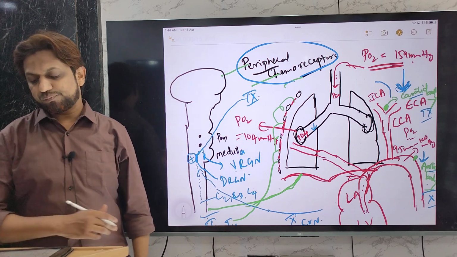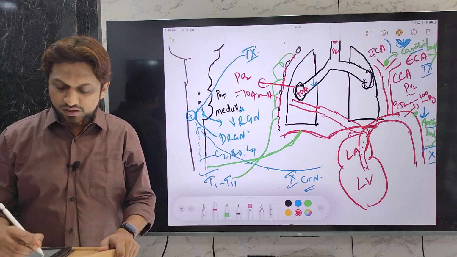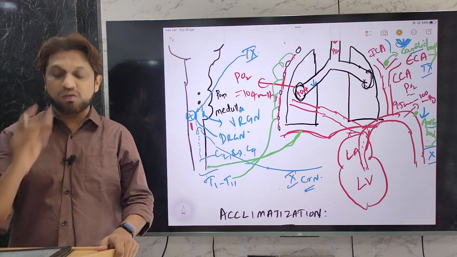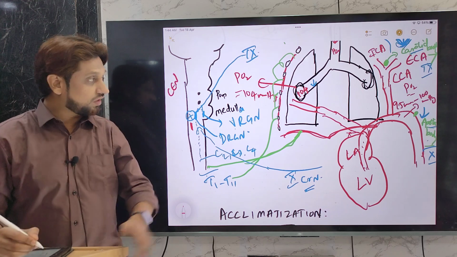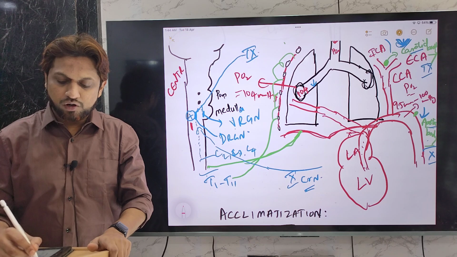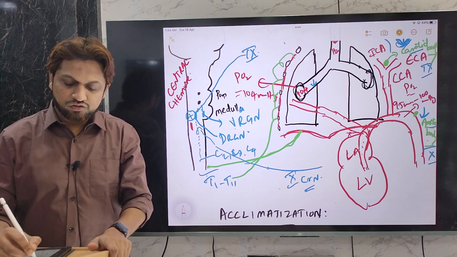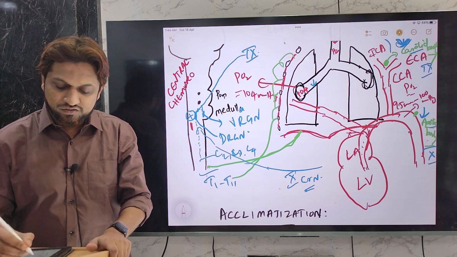Okay, this is one mechanism. Also, in the central nervous system, near this respiratory center, there are something known as central chemoreceptors. These are the peripheral chemoreceptors, what we have discussed, carotid bodies and aortic bodies. So central chemoreceptors are situated near the respiratory centers.